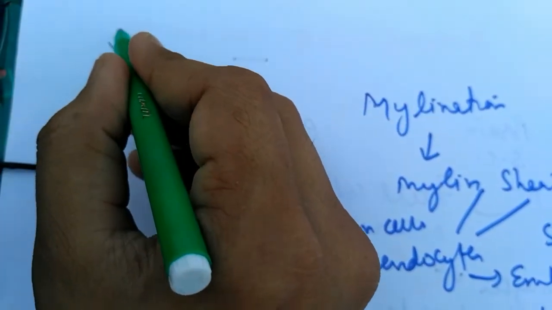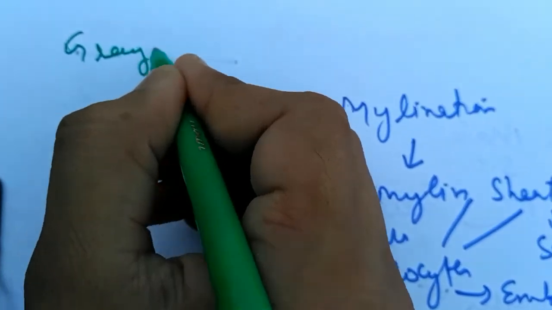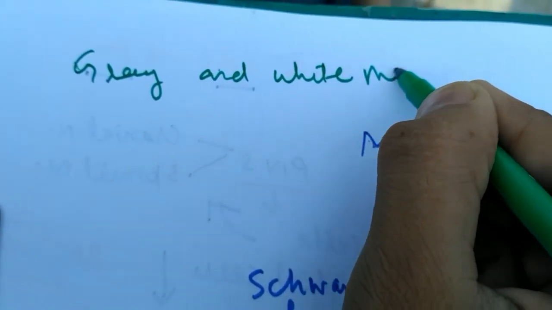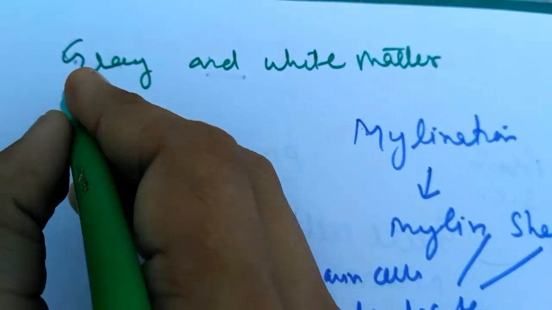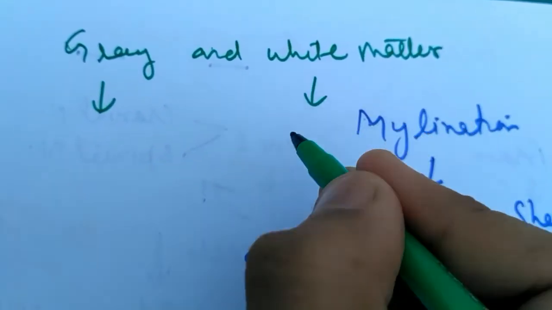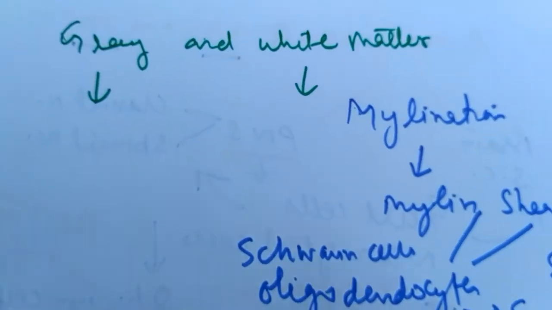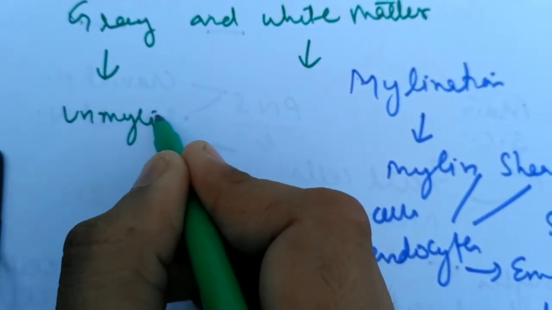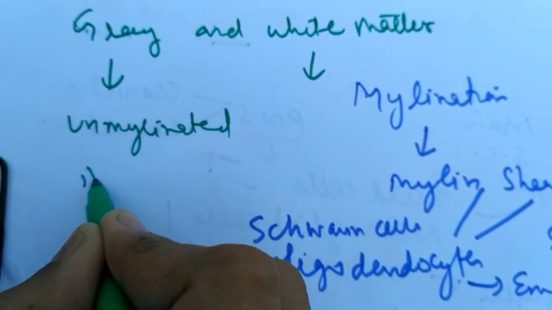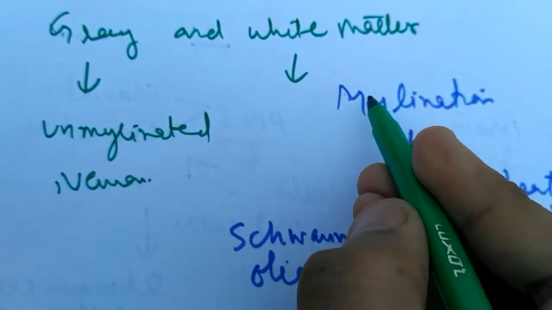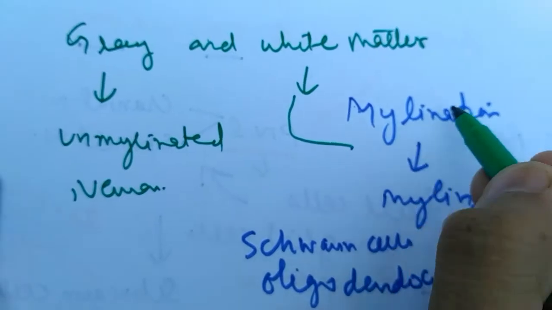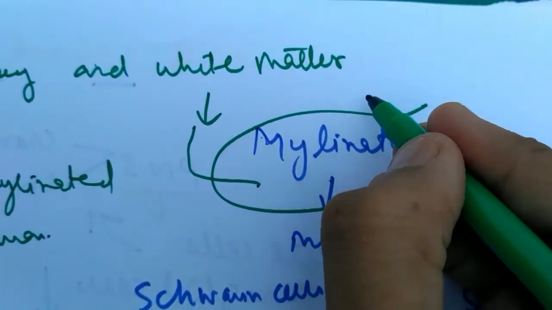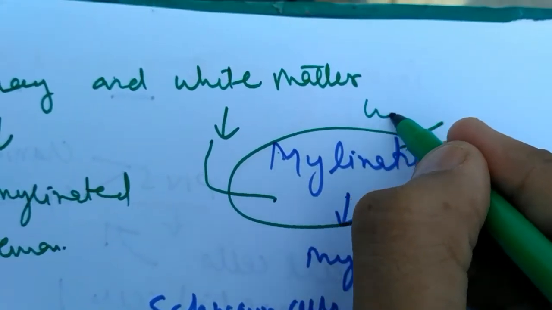Next is the gray matter and white matter. Gray matter consists of unmyelinated neurons, and white matter consists of myelinated neurons. Why is it called white matter? Because the saturated fats are white in color.